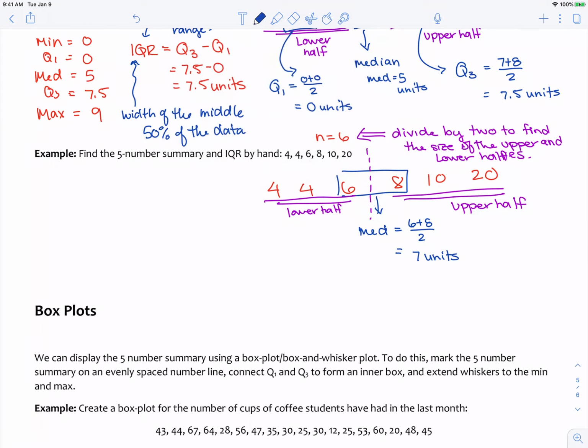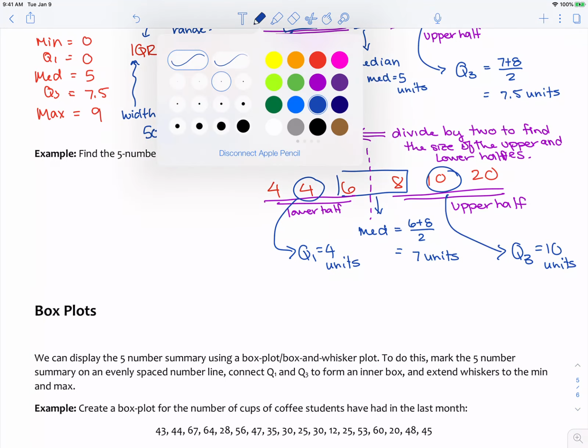Our lower half includes 3 data values, which is half of the 6, and so our Q1 will be the median of that. So there's our median of the lower half, so Q1 is equal to 4. The median of the upper half is going to be Q3, which is equal to 10, and that's also going to be in the units of the data.